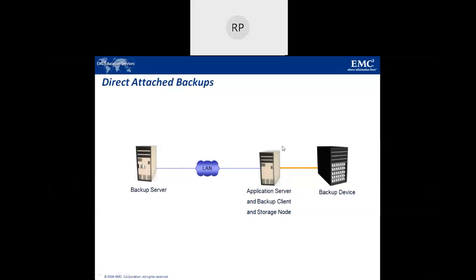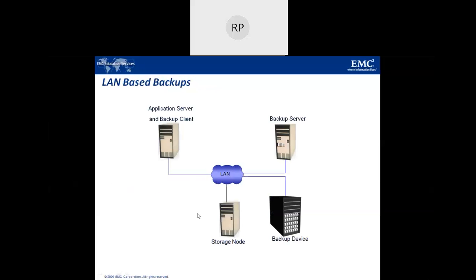If you have one more application server, then the same backup device cannot be used over there. That is the disadvantage of this direct attached backup. The data is directly transferred, and only for accessing the metadata, the LAN connection is going to be used.